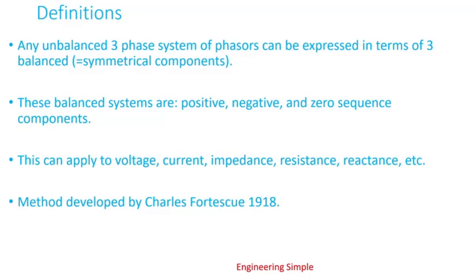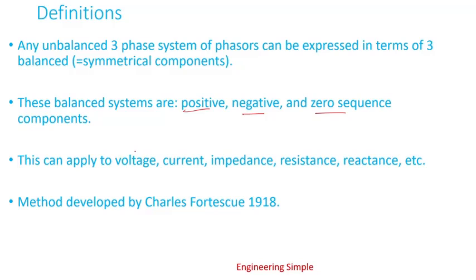So with that assumption in mind, any unbalanced three-phase system of phasors can be expressed in three balanced phasors which are called symmetrical components. These balanced systems are positive, negative, and zero sequence components.